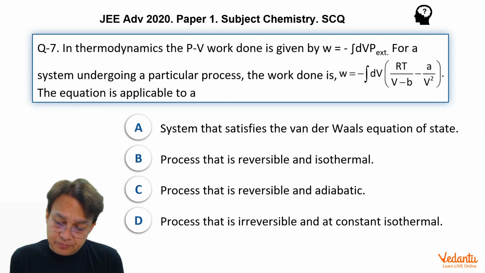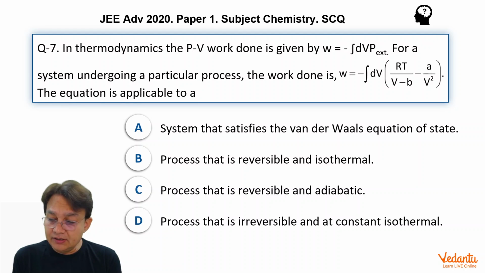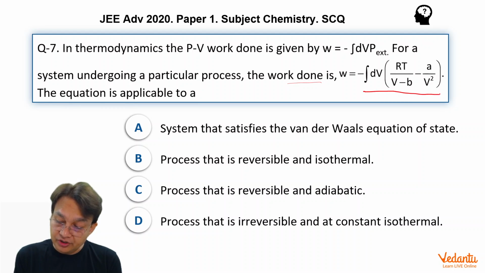In thermodynamics, the PV work is given by W is equal to minus ∫ dV P external. For a system undergoing a particular process, the work done W is given by one expression.